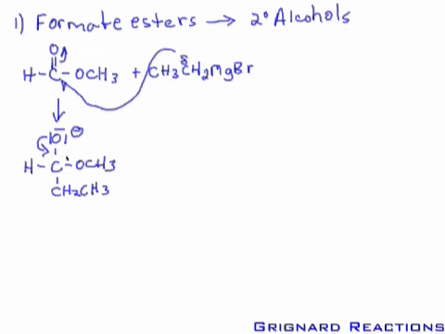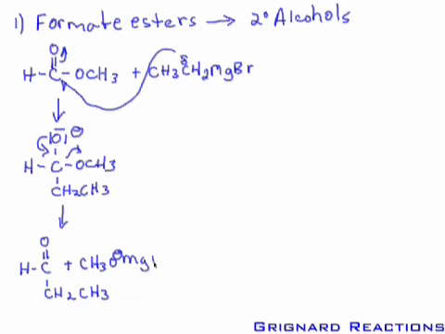Of course, we can reform the pi bond, kick out methoxide, and we'll have H, C double bond O, CH2, CH3, plus OCH3 minus, which will associate with the magnesium. Magnesium's positive, so we form a salt.